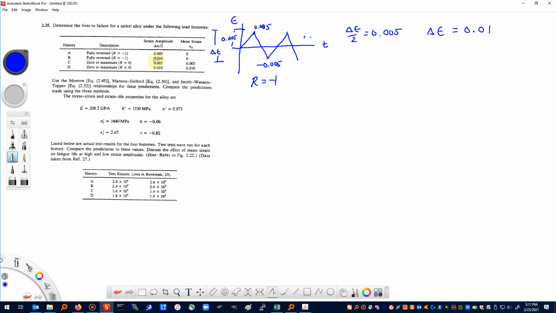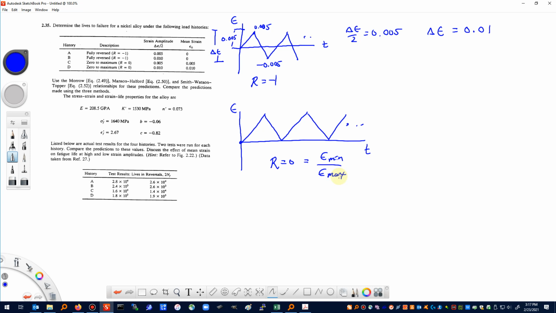Of course, in case B, we just have a bigger value of the strain. Now we have to be a little bit careful in case C and D. Case C and D involve what are called R equal to 0 loading. If you remember, R is defined as the minimum divided by the maximum. In this case, in strain controlled loading, this refers to our minimum strain divided by our maximum strain.